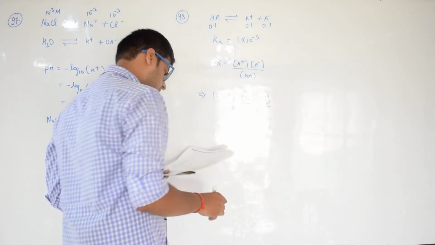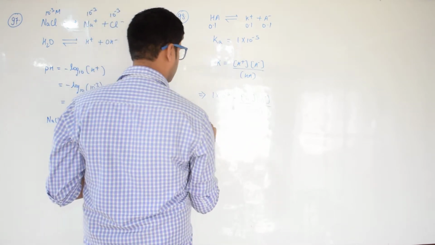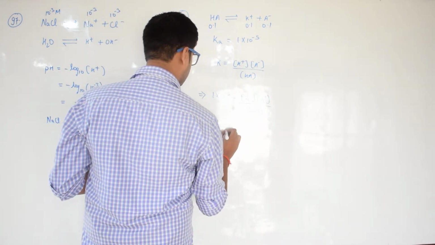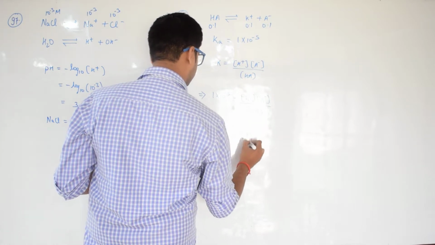This could be solved, and on solving this one, we will have the pH equal to minus log 10 of the concentration of H plus ion finally.